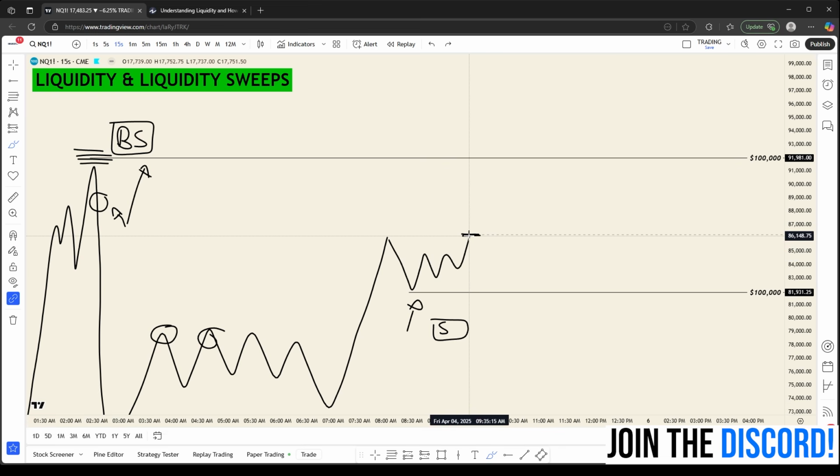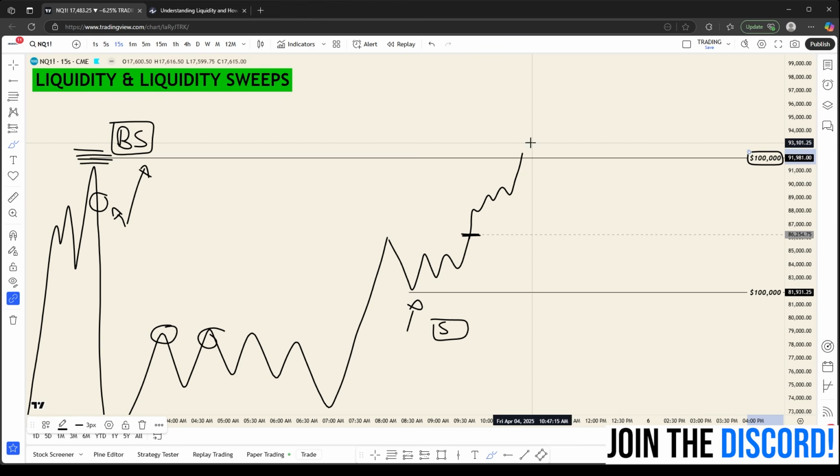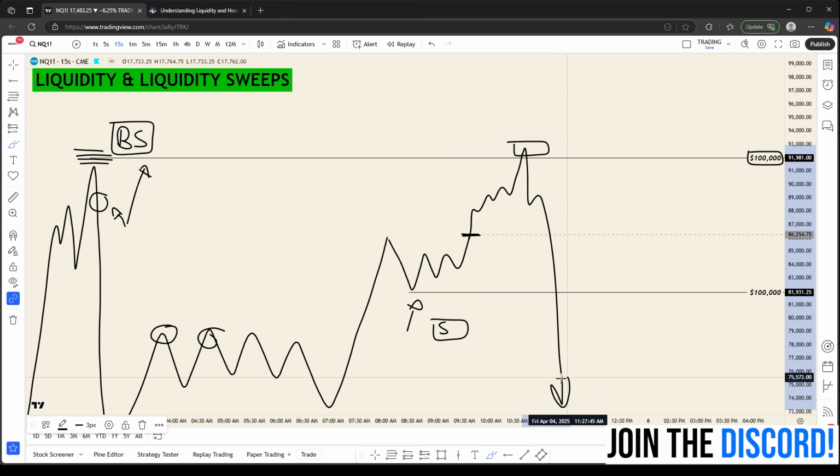What would be smarter for me would be to let price push up until it ran right into this high, right above here, and then use all that $100,000 worth of buy orders to be my counterparts to a big $100,000 short order up here, and then the market could continue going down.